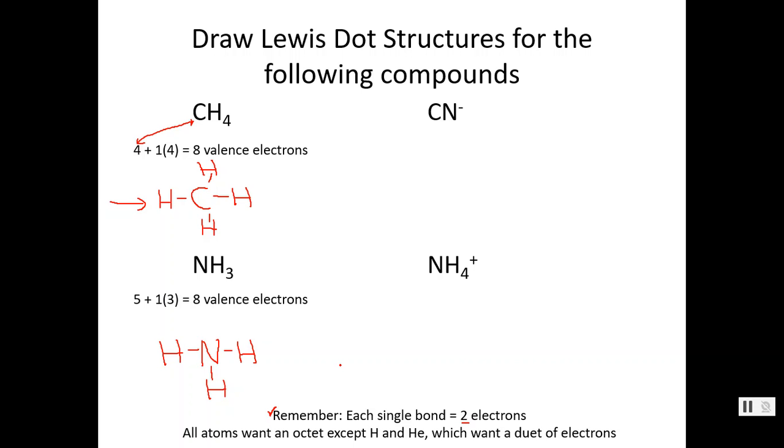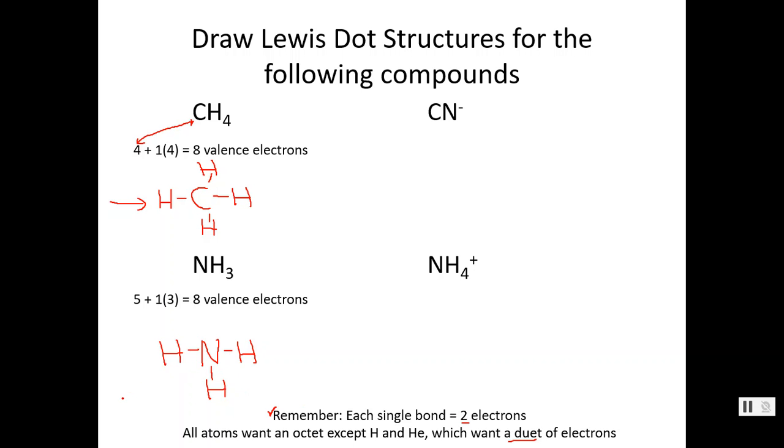The next step would be to place those remaining electrons on the outer atoms to complete their octets. In this case, for NH3, my outer atoms are all hydrogen, and hydrogen doesn't want an octet, it wants a duet. Each hydrogen in NH3 already has a duet of electrons. They each already have 2.